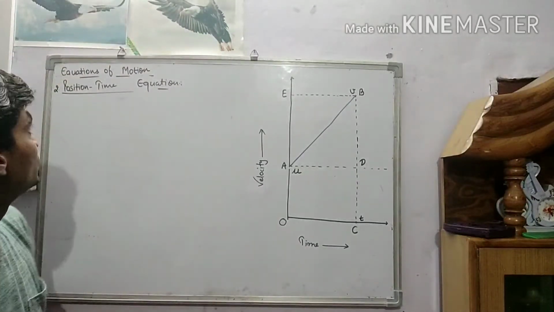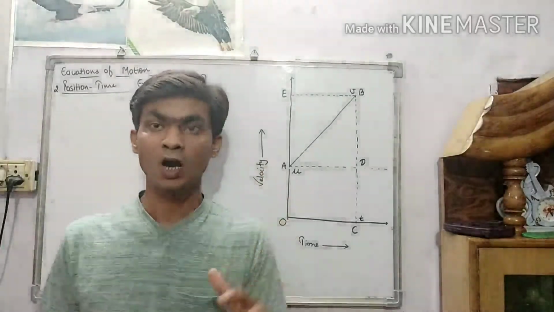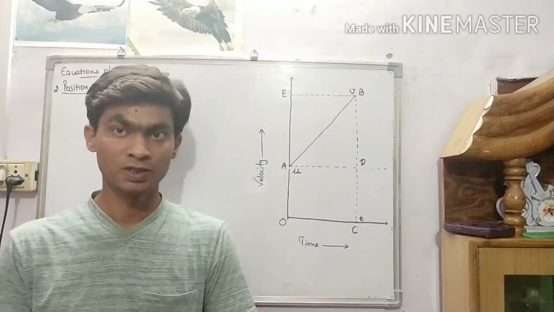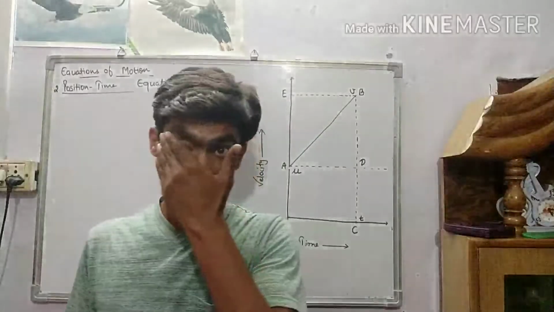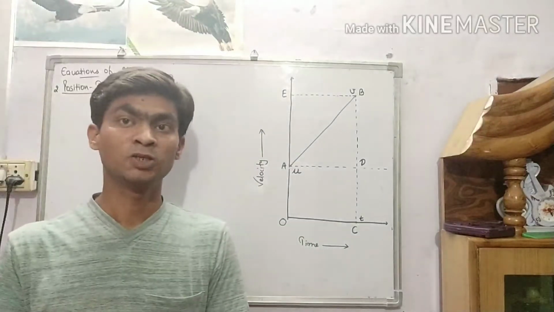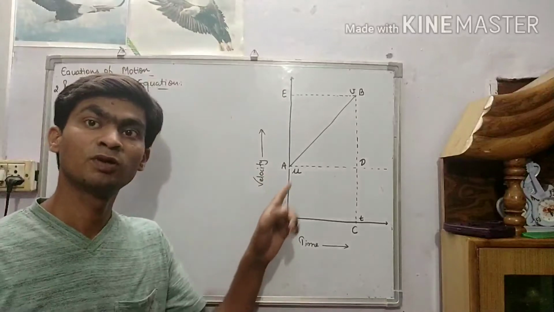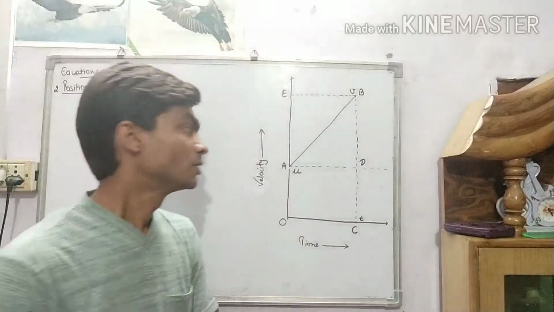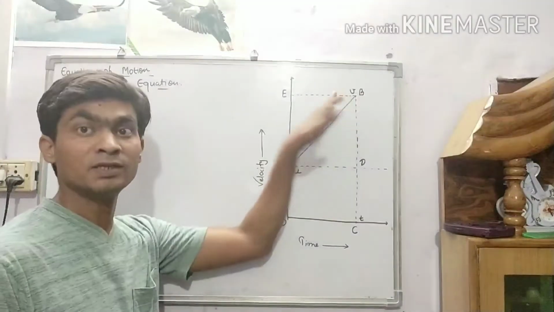As I have explained in the previous video, we can calculate the displacement when we are given the velocity time graph. The velocity time graph gives the value of displacement when we find the area enclosed between the initial velocity and final velocity. Here you can see from A to B the velocity is being changed.